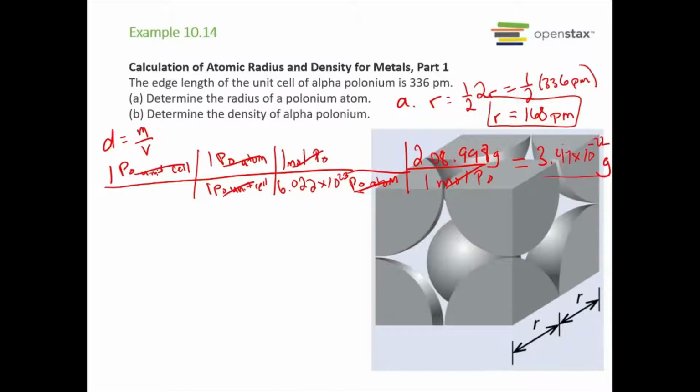Okay, so we've got our mass, and now we have to figure out our volume. So the volume of the unit cell, it's a cube, so the volume is equal to the length cubed.